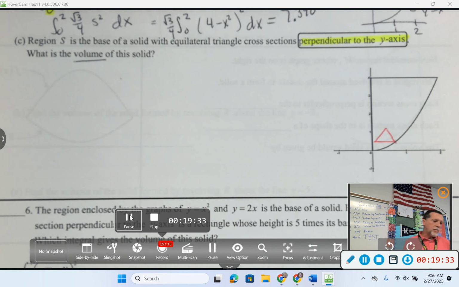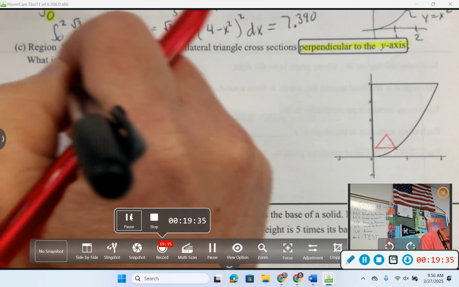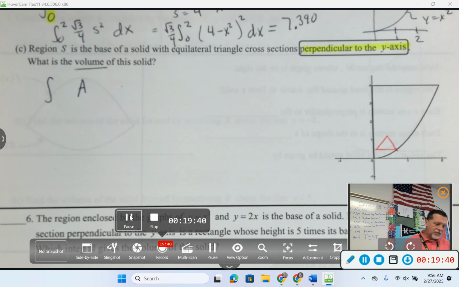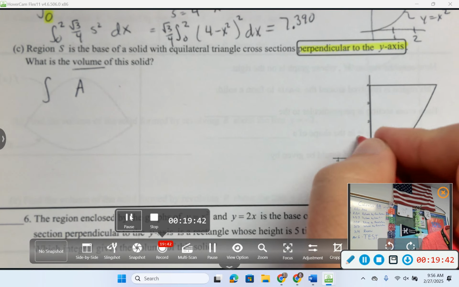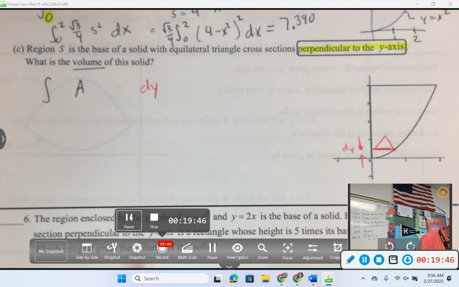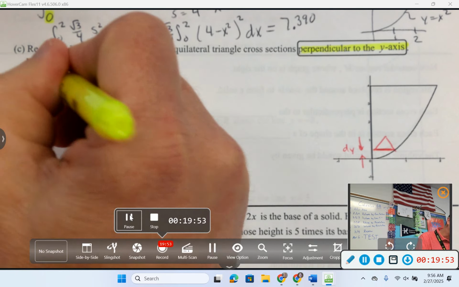So what's the big change that's going to be to my integral? Those are dy slices. Those triangles are all dy thick. Okay, so that's going to change some things here. It's going to change a lot of things.